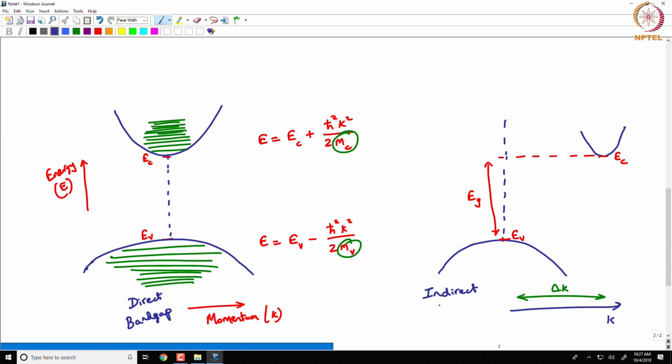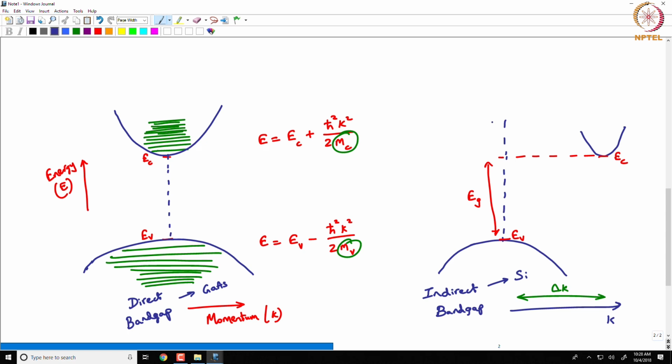So we will come back and see what is the consequence of that. Just to give you an idea, a direct band gap semiconductor, one example of that is gallium arsenide. It is a common example that we will keep using, and an indirect band gap semiconductor, a very common example is silicon, okay.